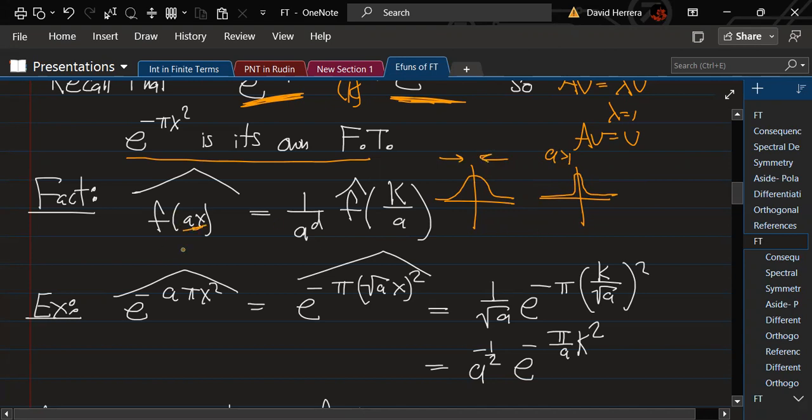Now, when you do the Fourier transform, we'll just call it f going to its Fourier transform. Suppose its Fourier transform looks like this. Instead of its Fourier transform getting narrower, it actually does the opposite. It gets wider.